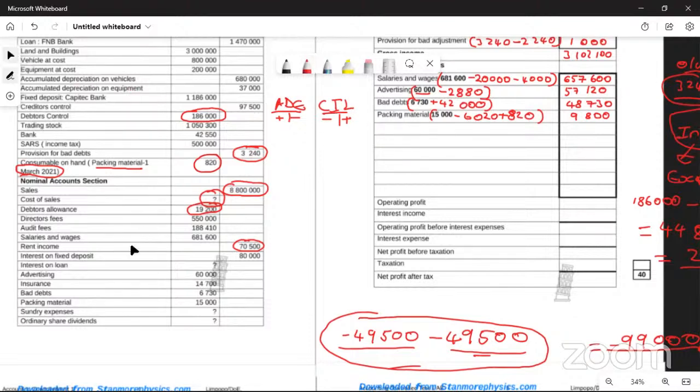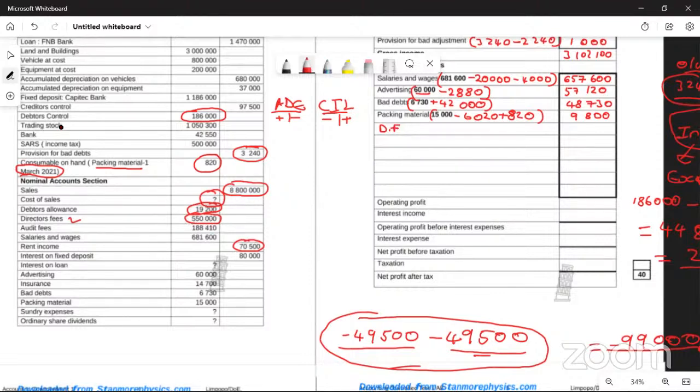So after packing material, we go to the adjustments and check director's fees. Director's fees are still outstanding. Then we check if there's any transaction relating to the director's fees.